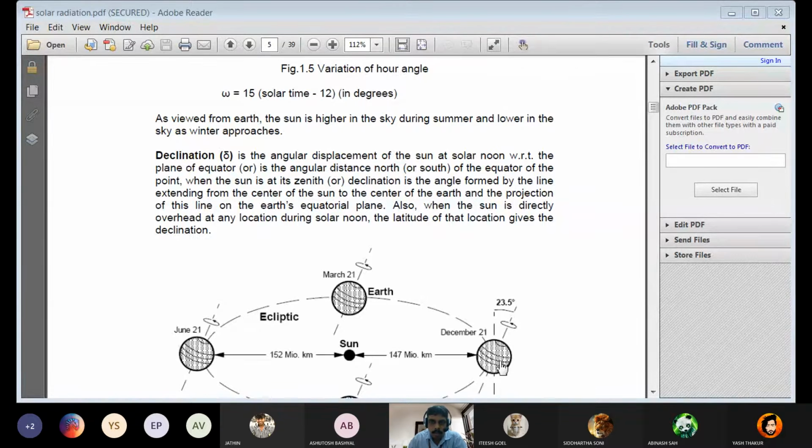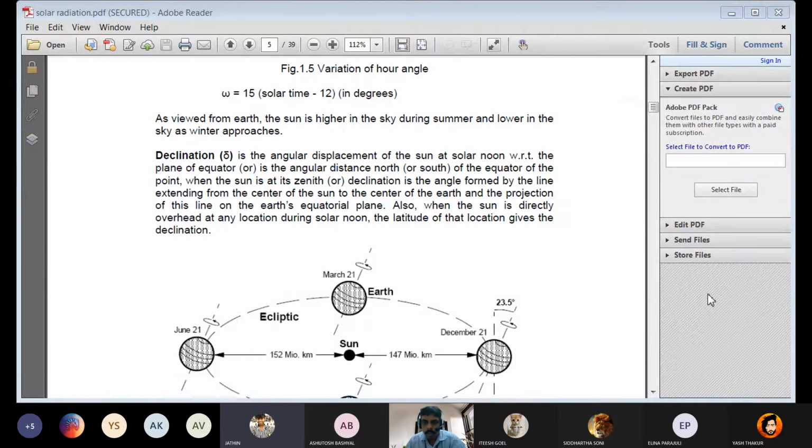Last class we discussed so many angles, right? 5 to 6 angles we pointed out. Can anybody recall the names?